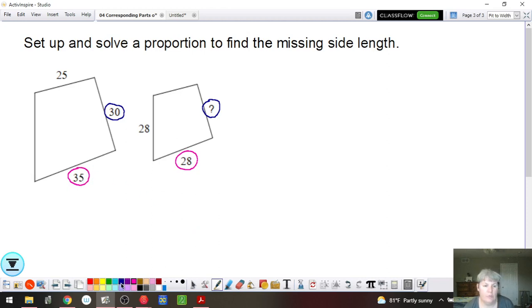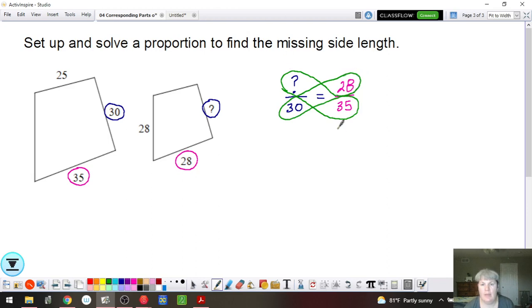So I can write a proportion that says that my question mark related to the 30, so the smaller shape to the bigger shape, is going to equal the ratio of 28 to 35, the smaller shape to the bigger shape. And then I can use what I've been calling, some students introduced me to this name, the butterfly method to solve this.